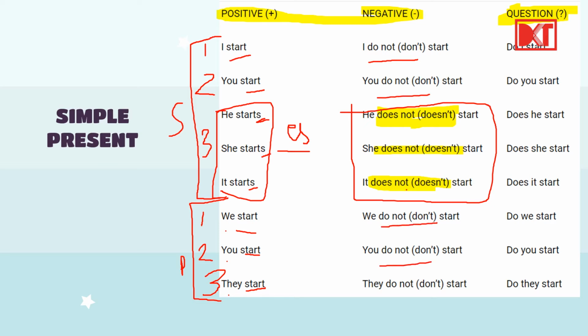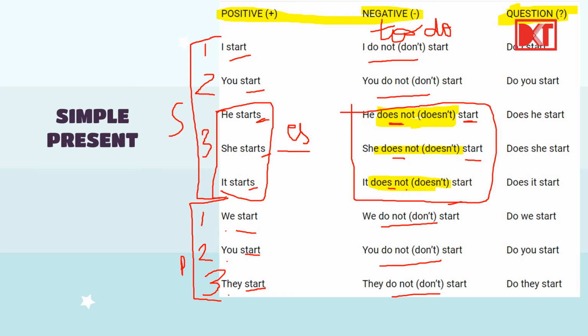But one thing that you have to remember is, in the third person here, we don't have s or es. Because this s and es is already included in the do, to do. The verb here becomes to do, and start becomes the second verb. And this es is included in here, does. Alright, so this verb start remains in the original form, for the singular and the plural both.